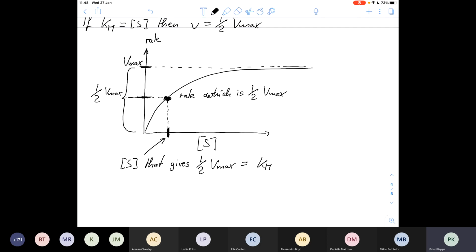So Km is the substrate concentration that results in half of maximum velocity.